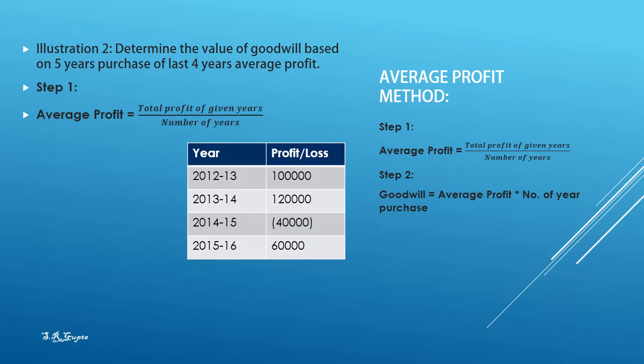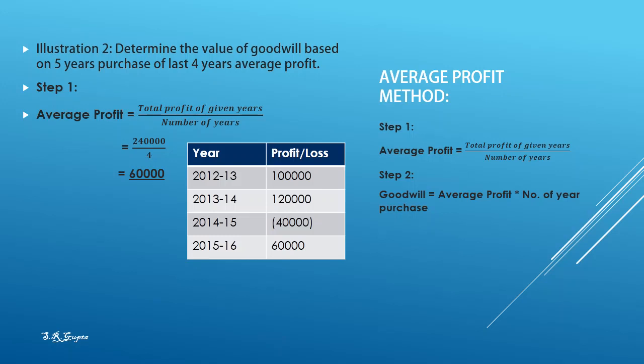Here the difference is that the total profit will be found by adding the profits and subtracting the loss, such as 1 lakh plus 1,20,000 minus 40,000 loss plus 60,000 profit, that is 2,40,000, and divided by number of years, that is 4. 2,40,000 divided by 4 is 60,000, the average profit of the firm.